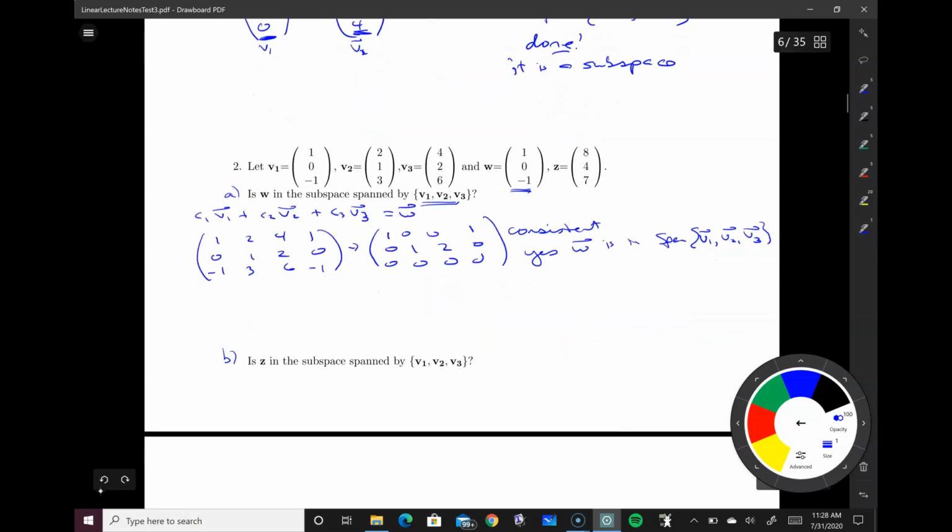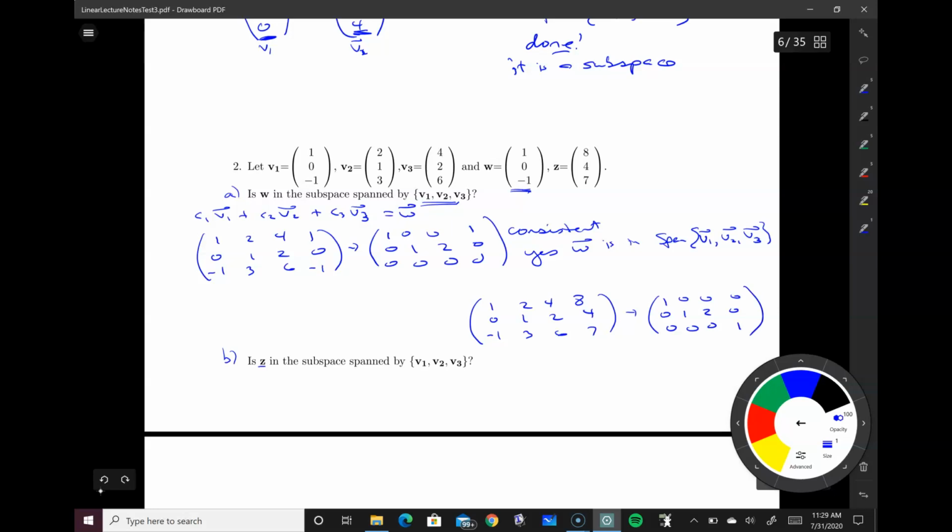Now, is it true that Z is in the span? Again, we put together the augmented system: 4, -1, 3, 6, 7. I put it in my calculator and get 0, 0, 0, 1.